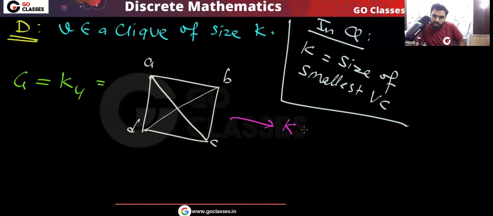Means what is the size of the smallest vertex cover? Tell me for this complete graph K4. What is the size of the smallest vertex cover?